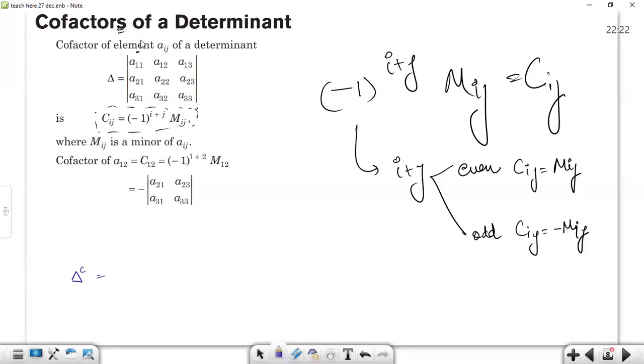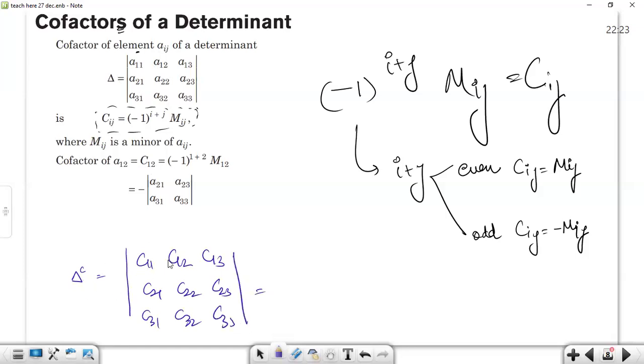Let's try to write the determinant in the form of its cofactors. So we are finding the determinant of cofactors. This will be C11, C12, C13, C21, C22, C23, C31, C32, C33.